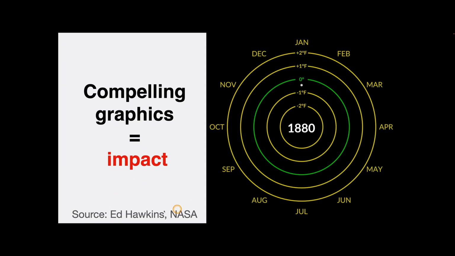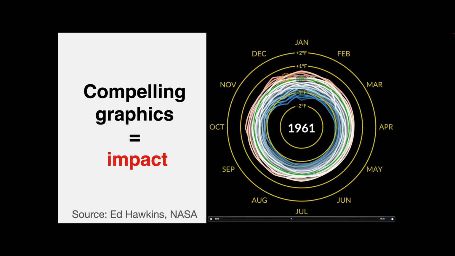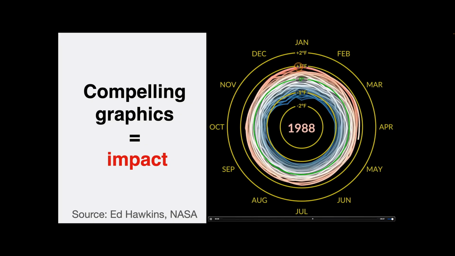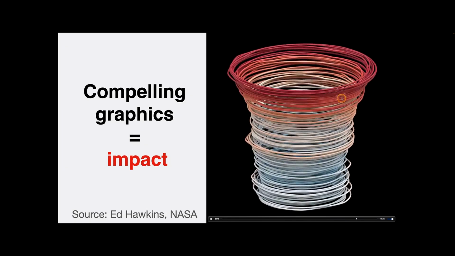The first one that I'm showing here is from Ed Hawkins, who was affiliated with NASA as a data scientist and wanted to visualize climate change over time. And so I'm just going to hit play on this. And what we can see is each ring around this marks a season, and the rings move out as the temperature warms 1 degree, 2 degree globally. And the lines are colored to indicate the temperature.